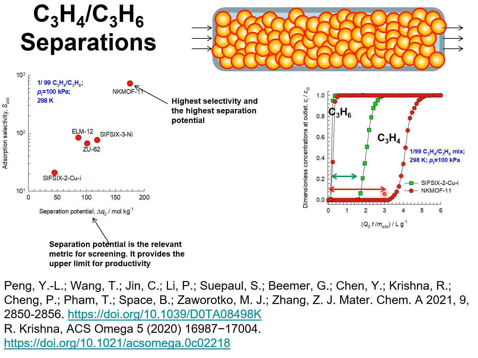The productivities of pure propene are indicated by the red and green arrows, and these are indeed a qualitative confirmation of the IAST prediction that NK-MOF 11 has a significantly higher productivity than Cif6-2 copper I. The next step is to undertake breakthrough simulations in a more rigorous manner in order to confirm the hierarchies of productivities predicted by the delta Q2 metric.